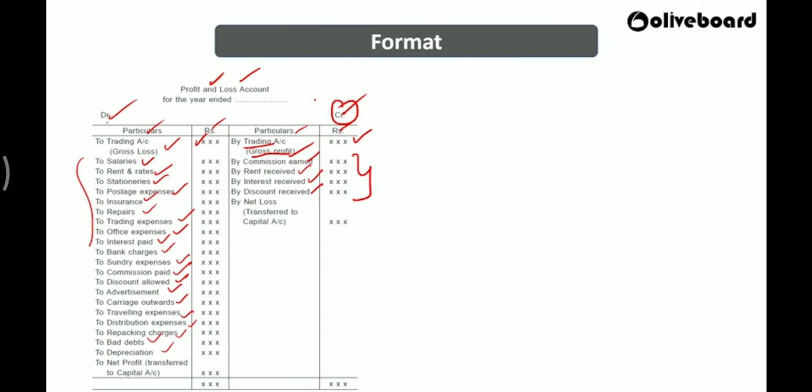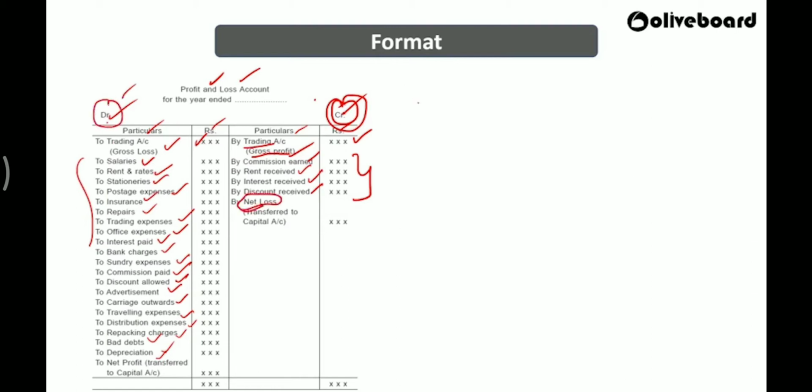And if you have a gross profit, it will be credited. And if you have a gross loss, it will be debited on your P&L. Then once you have parked everything, if your credit side is higher, then you will have net profit, and it will be transferred to your capital account, that is, the balance sheet. If your debit side is higher, then you will end up in net loss.